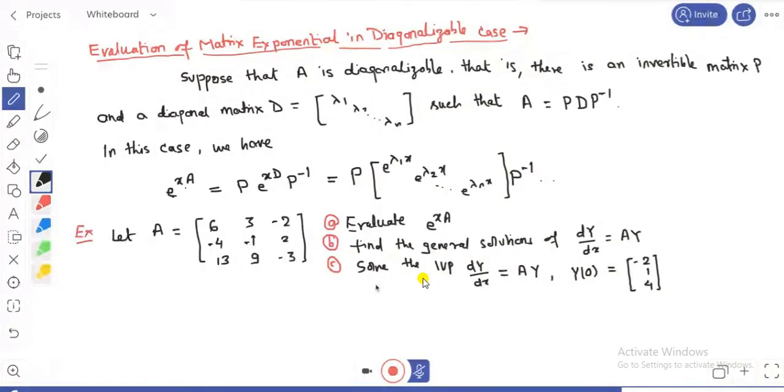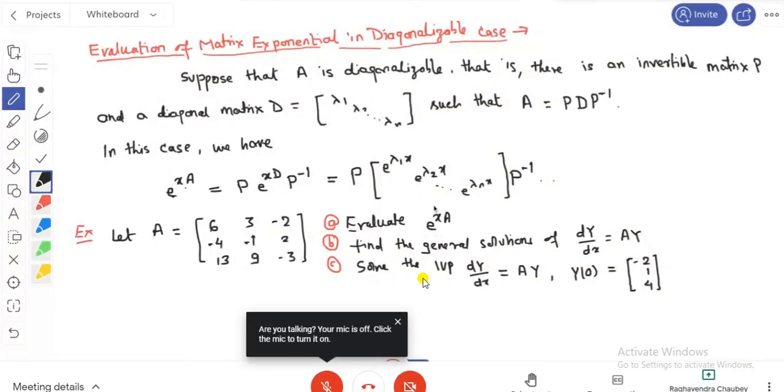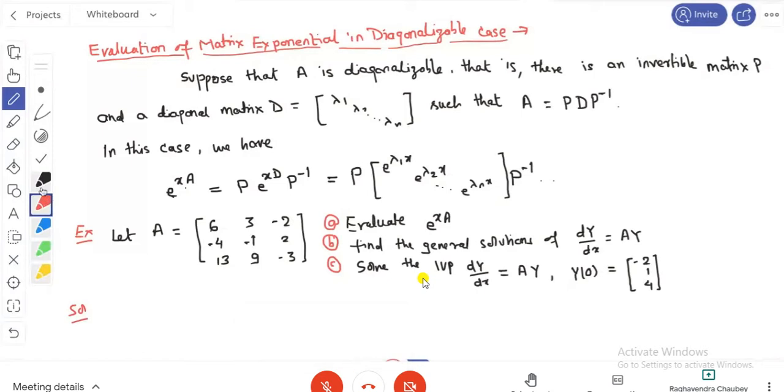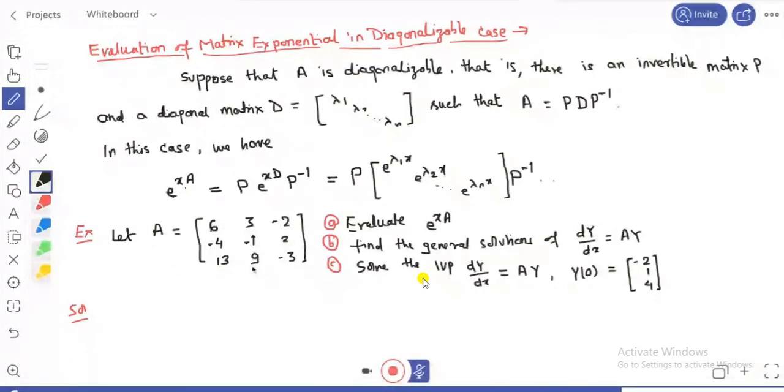You have to find, first of all, how to calculate the exponential of xA. Here we can write directly, because if we diagonalize this matrix, there is a lengthy and time-taking process.